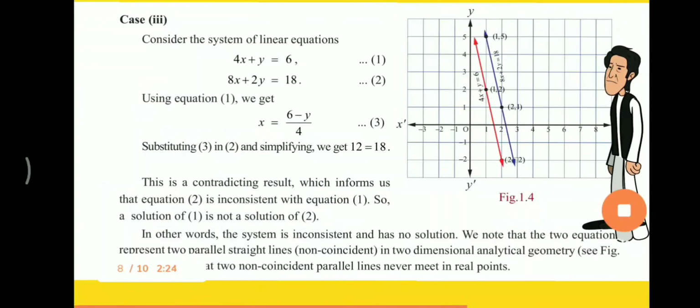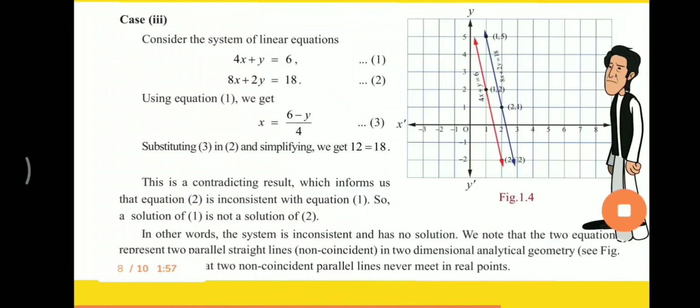Case 3. Consider the system of linear equations: 4x plus y is equal to 6 and 8x plus 2y is equal to 18. When we solve the equations, we get 12 is equal to 18. This is a contradictory result, which informs us that equation 2 is inconsistent with equation 1.